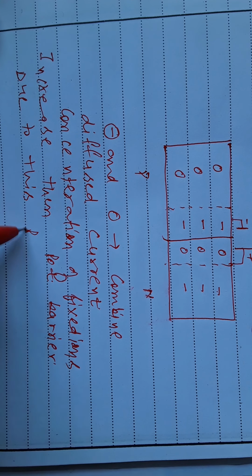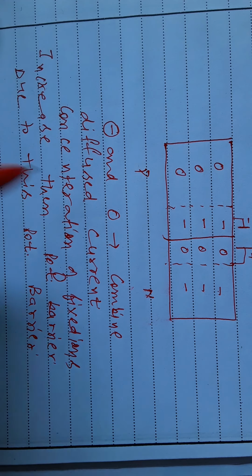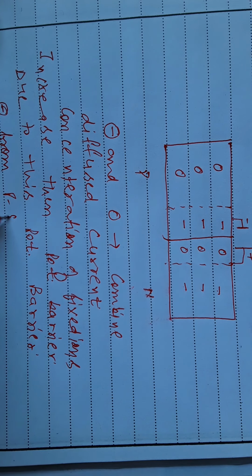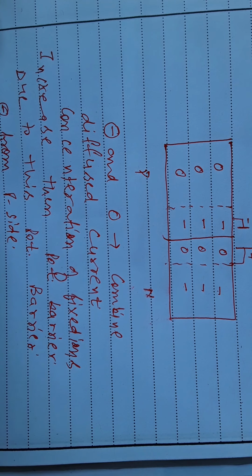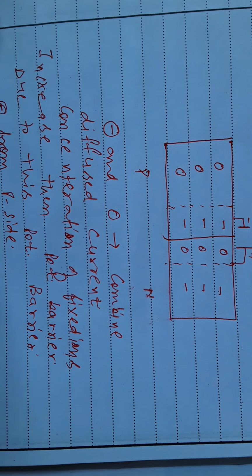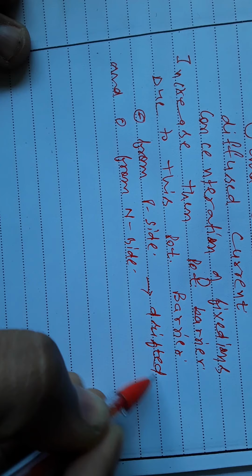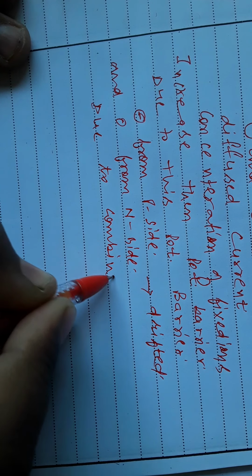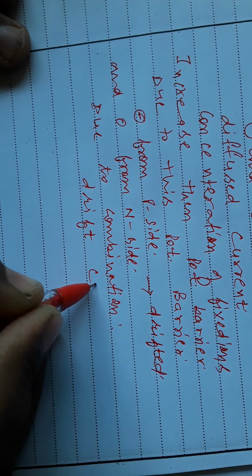Due to this potential barrier, electron from P side and hole from N side get drifted, and due to combination of these, we can say that drift current is produced.